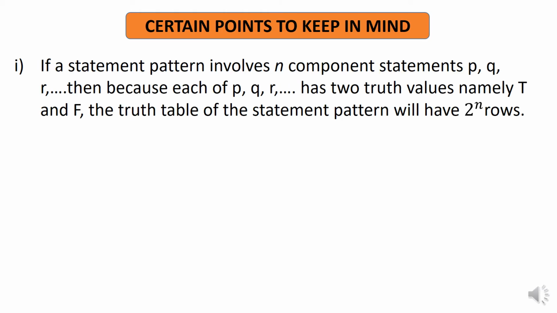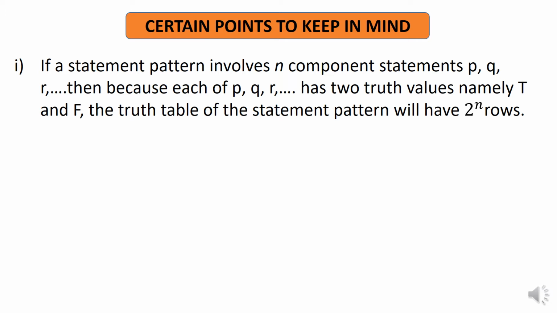Certain points to keep in mind while writing the truth table for a statement pattern. First one, if a statement pattern involves n component statements P, Q, R, etc., then because each of P, Q, R has two truth values, namely T and F, the truth table of the statement pattern will have 2 raised to n rows.